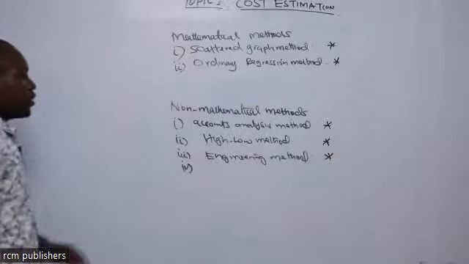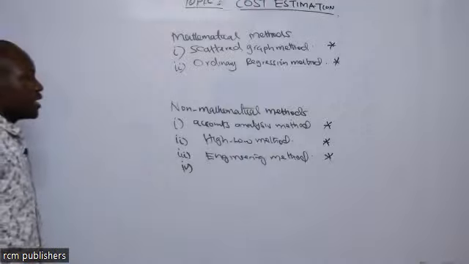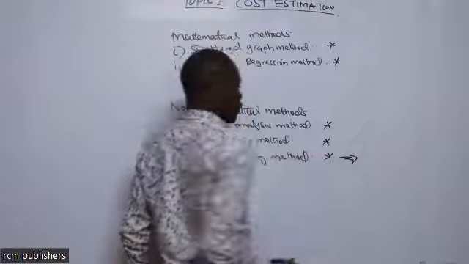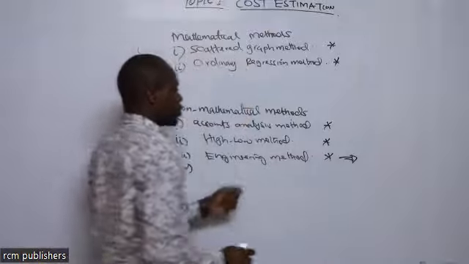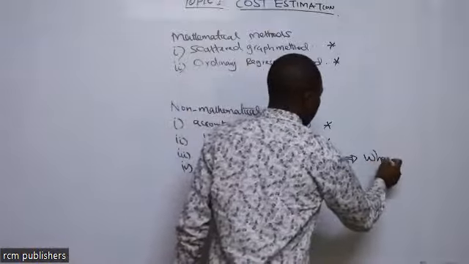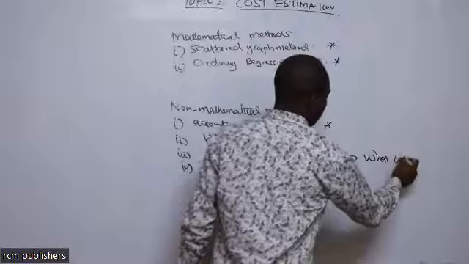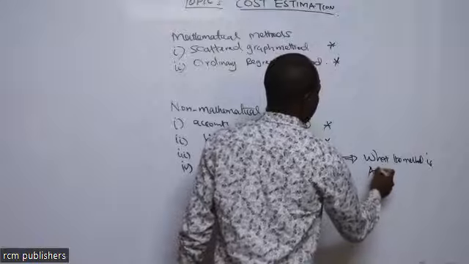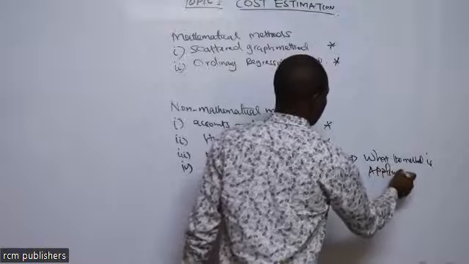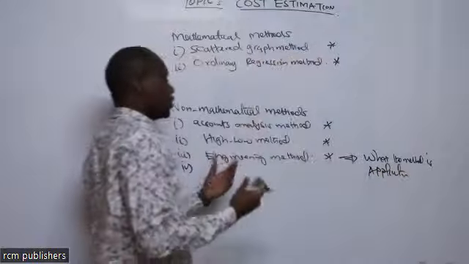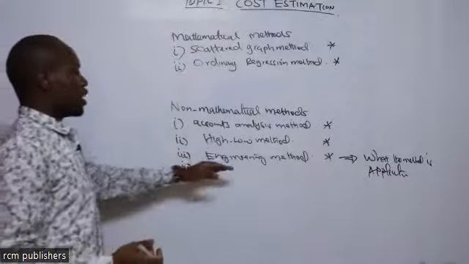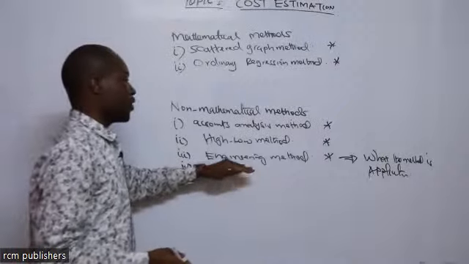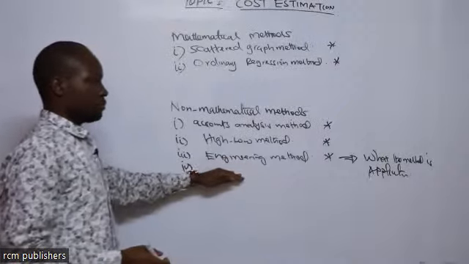You'll find that all of them are very important to us, but under engineering, you basically need to know what the method is, its application, or how we use it to come up with the cost estimates, the cost estimate system.